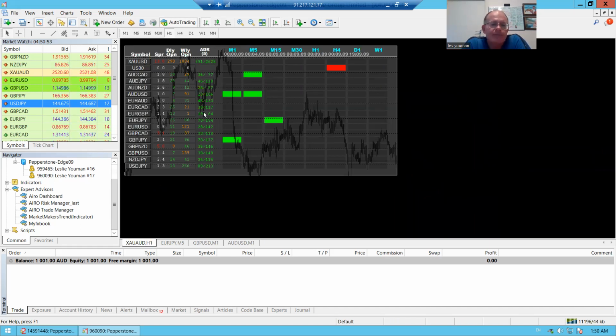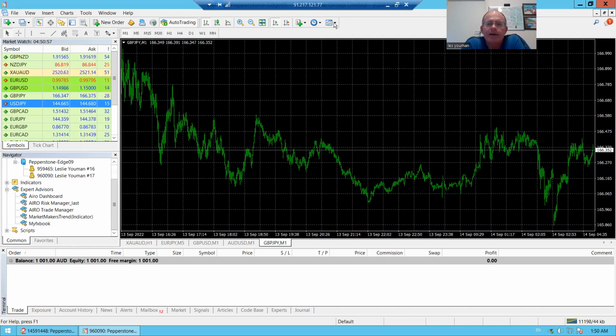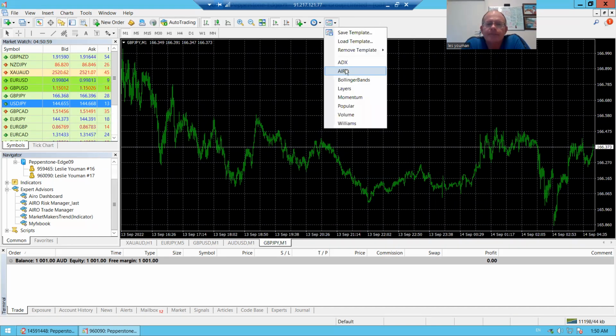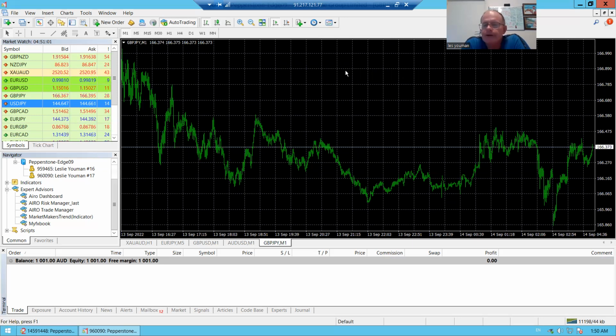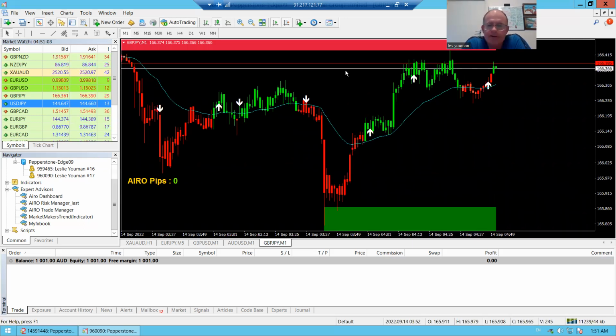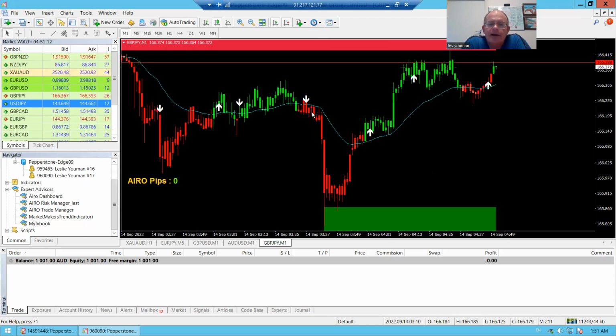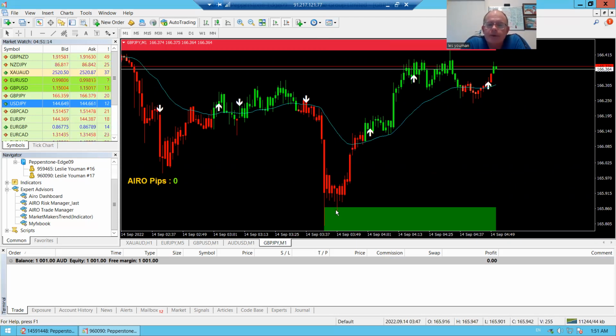What else we got? Pound yen. I like pound yen. So let's click on that. Make sure we have arrow on here. You should have that set up automatically. It's very easy. So let's have a look historically. It's bounced off support.